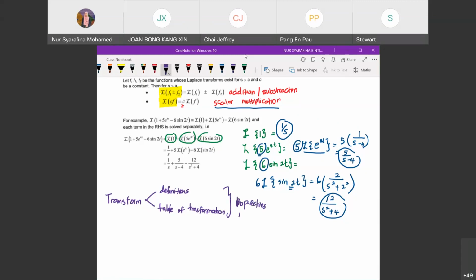Now we are done with the first property, linearity. Next is the first shifting property. So what is the first shifting property? Okay, let's try this.